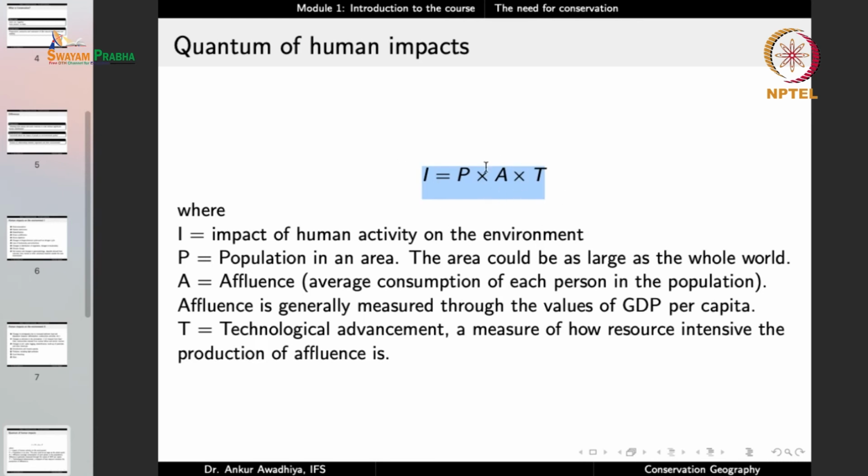It increases with affluence. Affluence is the average consumption of each person in the population. We can represent it through GDP per capita. And it is influenced by technological advancement, meaning how resource intensive the production of affluence is.